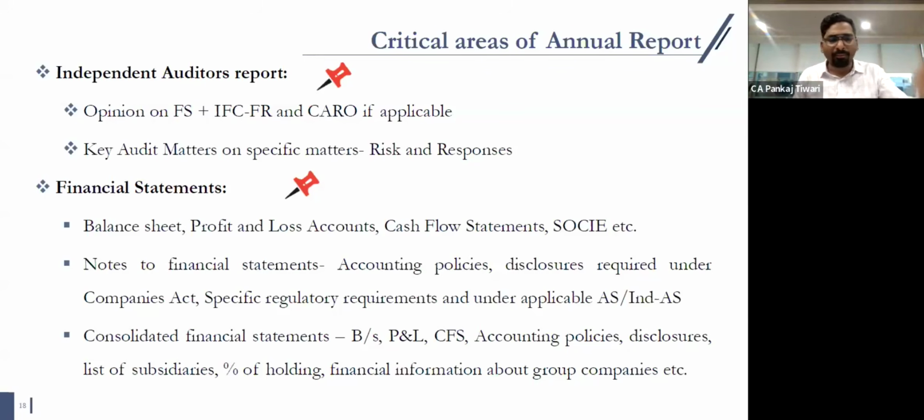And as you know, my friend, you have a financial statement, which all of you would be going through and reading on a day-to-day basis, which normally has a balance sheet, profit and loss account, and cash flow. And now if you're a company under Ind AS, you have a SOCI statement, which is nothing but a statement of changes in equity, so to say. Then you have notes to the financial statements, where a lot of disclosures are given.